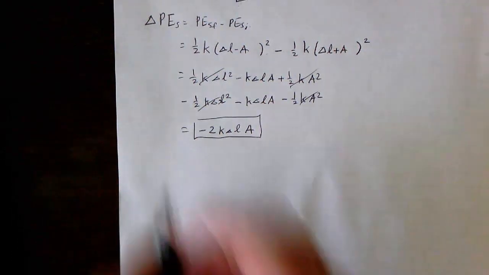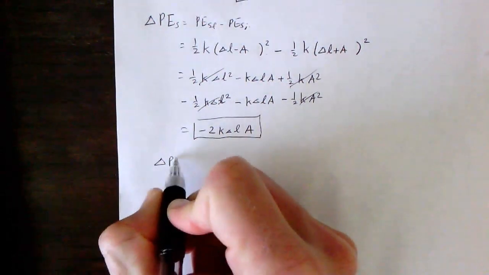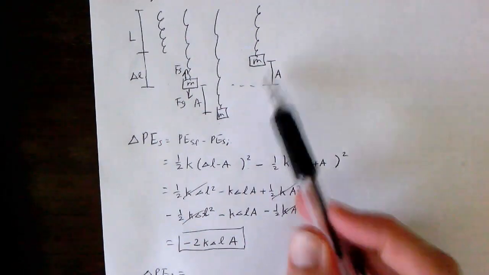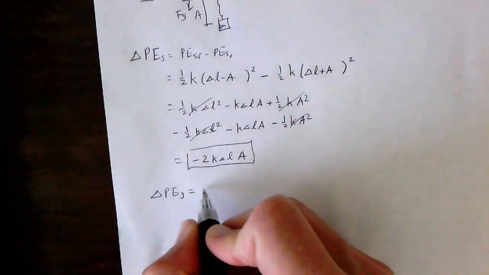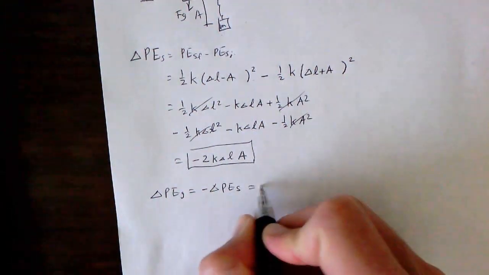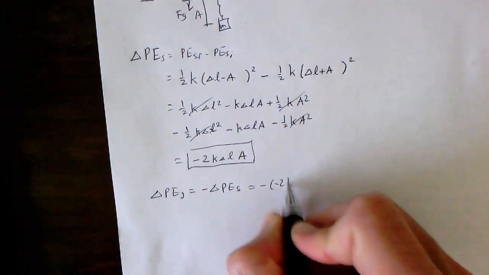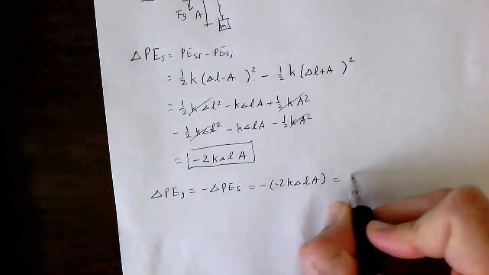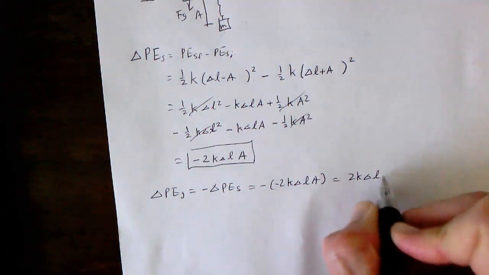So the change in gravitational potential energy will be positive, it's going to move upward, and the spring potential energy's change will be negative, so we just throw a minus sign on these two guys: minus 2K delta L times A is positive 2K delta L times A.